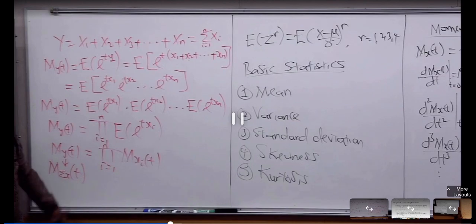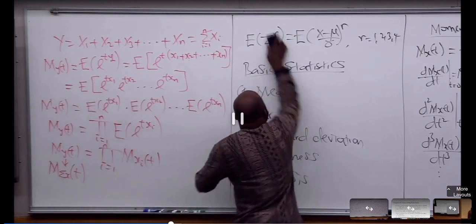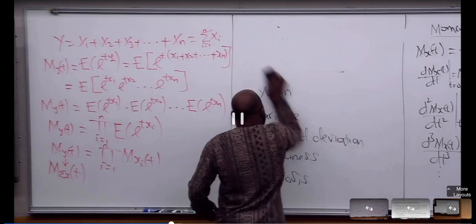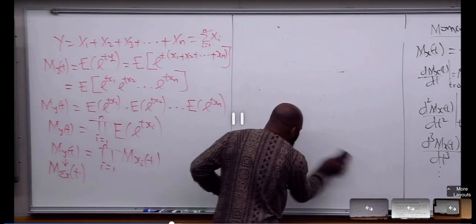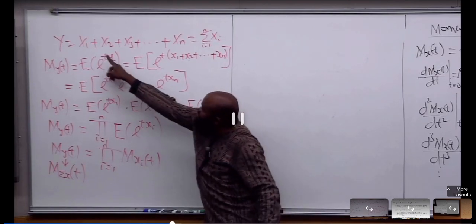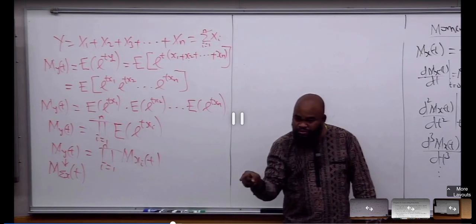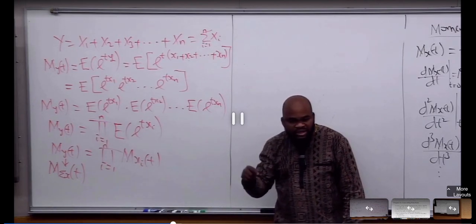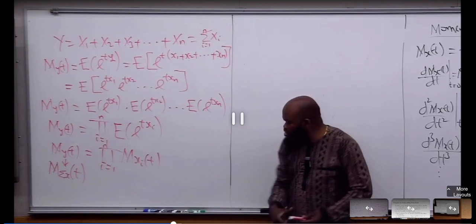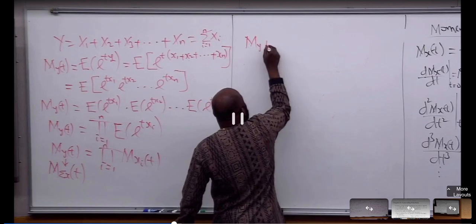But let me tell you this. Let's assume that they are identically distributed. If they are identically distributed, I'm going to show you something now. Please pay attention. If X1, X2 up to Xn are identically distributed, identically distributed means they come from the same distribution, this guy is actually going to be written as this.